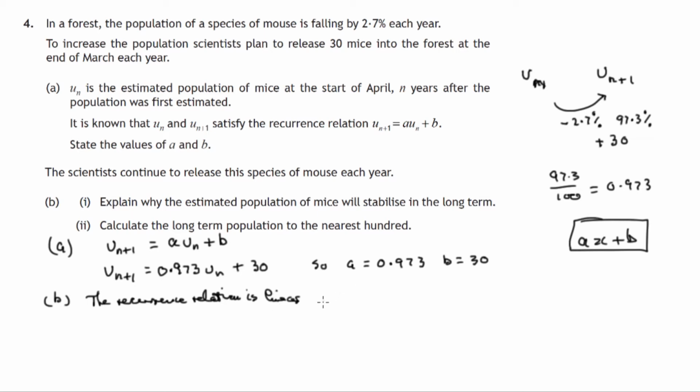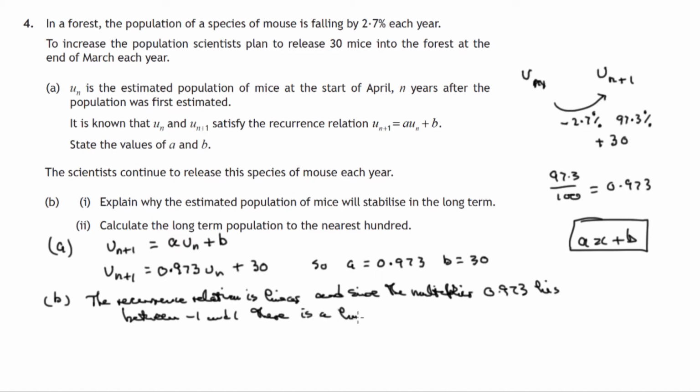So the recurrence relation is linear, and since the multiplier, we have to identify that, the multiplier 0.973 lies between -1 and 1, there is a limit.